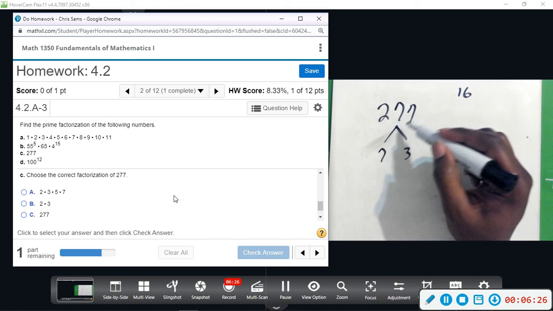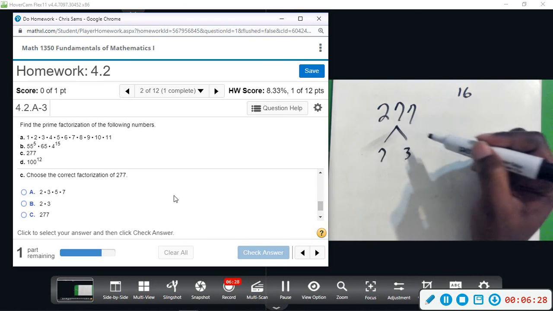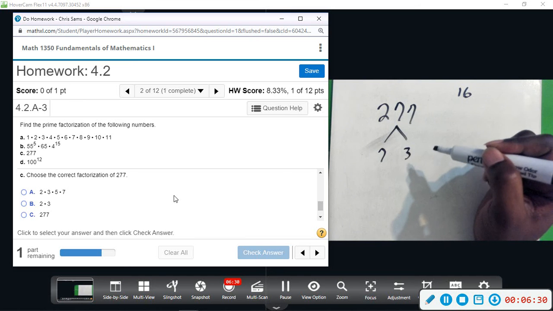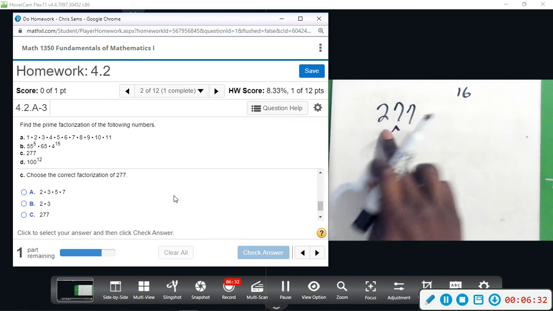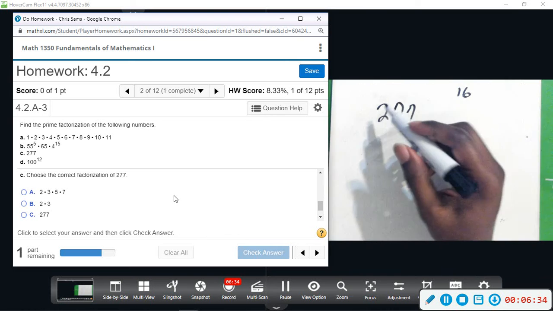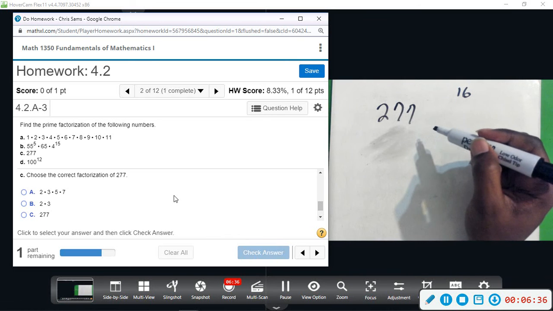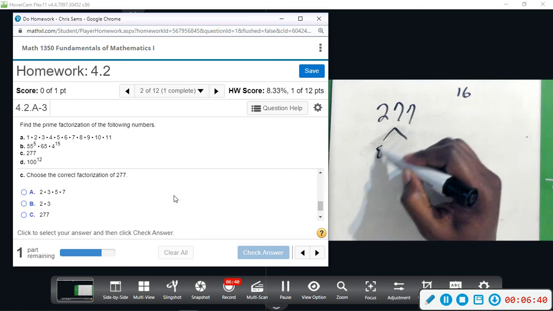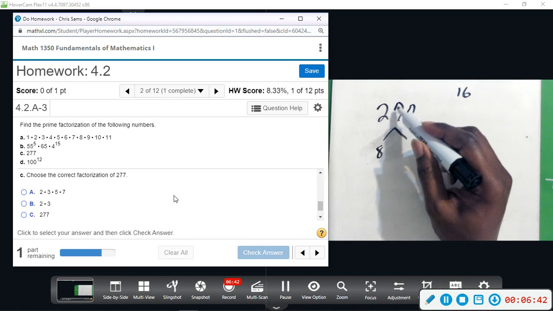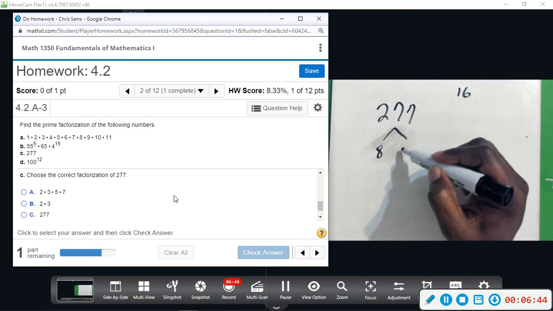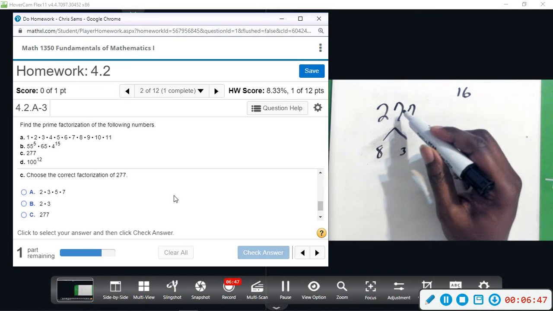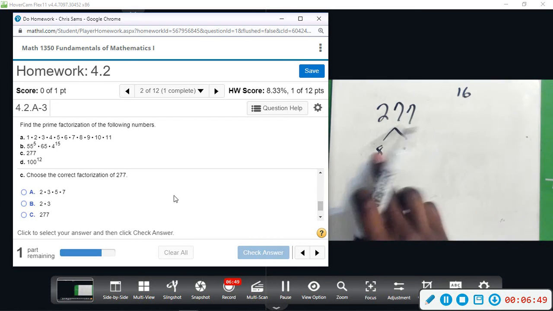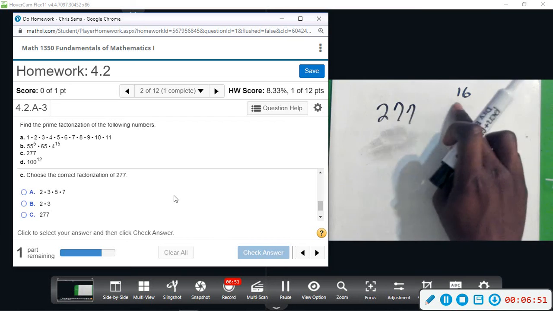Subtract, that would give us 67, and 67 is not divisible by 7. Okay, so this is not divisible by 7. Divisible by 8 if these 3 are divisible by 8, and it doesn't look like it. We can try 8. Give us 24. Goes in there 3 times. 37. Nope. 9 if this is divisible by 9.